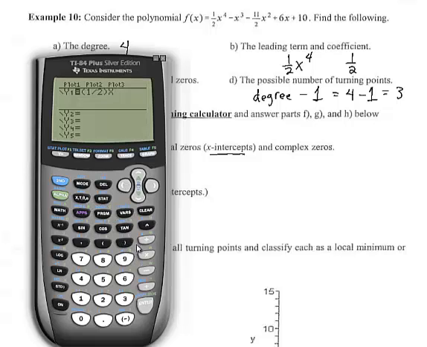So we have 1/2 times x to the 4th minus x to the 3rd minus another fraction, 11/2, with an x squared behind it, a plus 6x, and then a plus 10. Once it's entered into the y editor, hit the graph button.